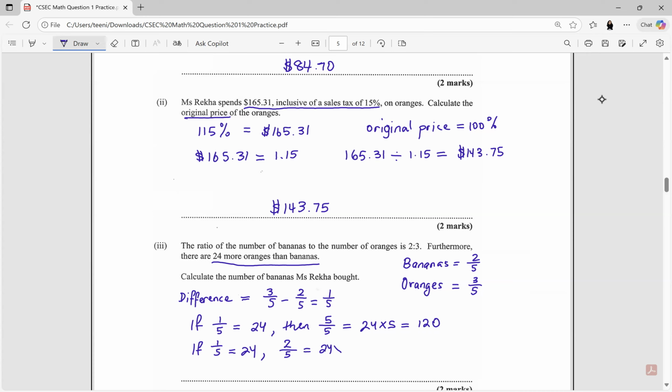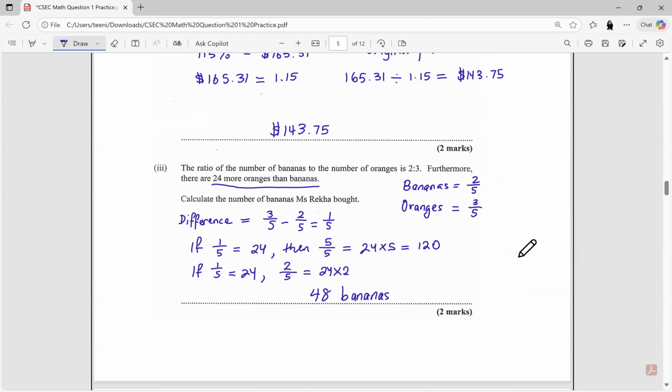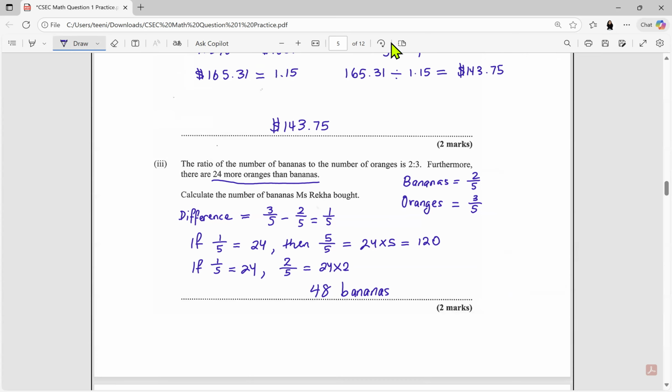That's right, 24 times 2, which is 48. So there are 48 bananas. Or you could have checked what is 2/5 of 120 as well. All right, you get the same answer. 48 bananas. All right, let's see.